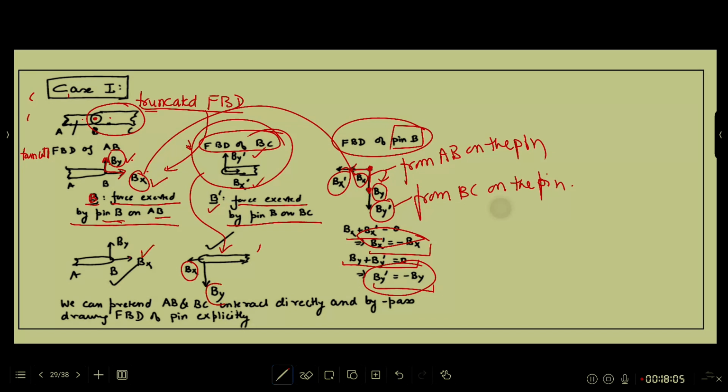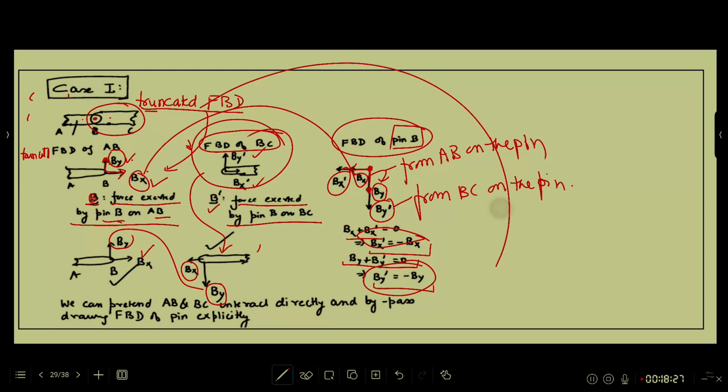So if you are dealing with a case when there are only two members interacting through a pin in a frame, even though the two members do not interact directly, the detailed analysis is leading me to a conclusion which I can present as what is written here.